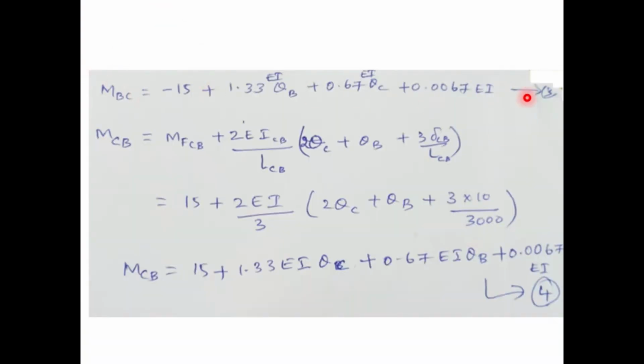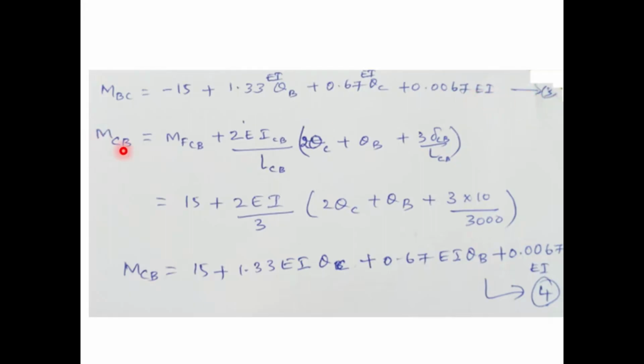The mm gets cancelled. By simplifying that, MBC is equal to minus 15 plus 1.33 EI theta B plus 0.67 EI theta C plus 0.0067 EI. This is your third equation.